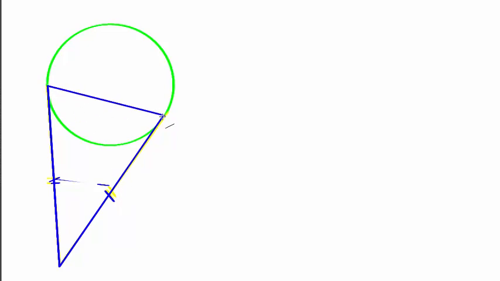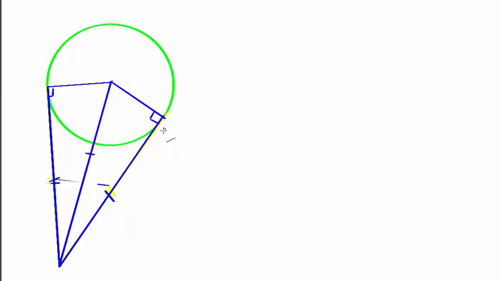It's actually a very easy proof. You connect both of the tangent points with the center, and then you connect the center with the outside point. And we know that that's 90 degrees and that's 90 degrees.